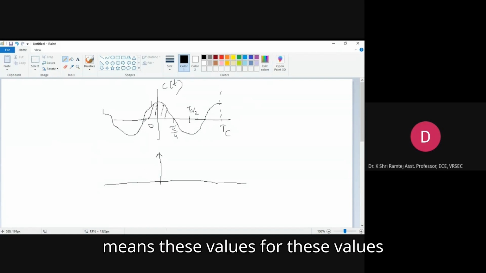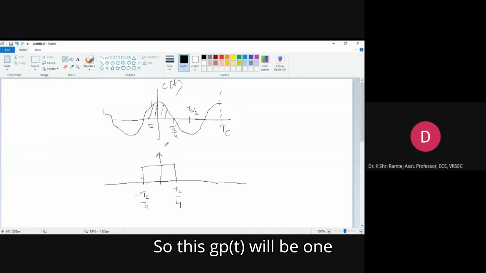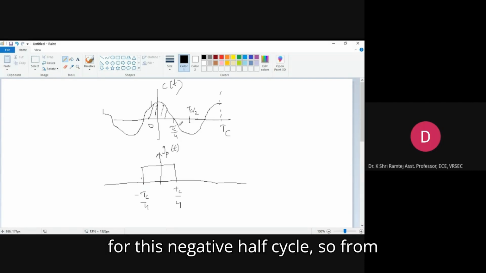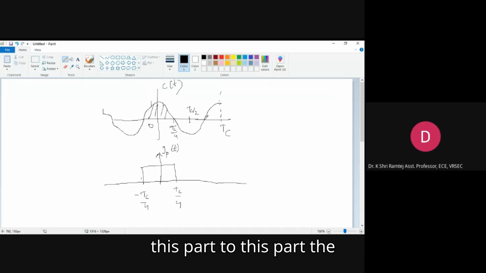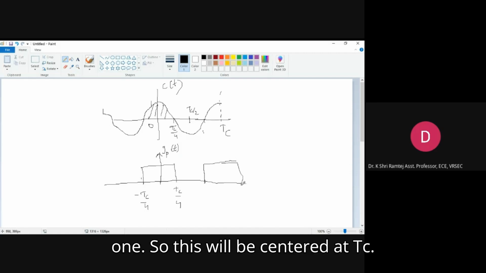That means for these values, from minus Tc by 4 to Tc by 4, Gp of t will be 1. That is for the positive half cycle. Again for the negative half cycle, from this part to this part, the signal will be 0. And again here the amplitude will be 1.